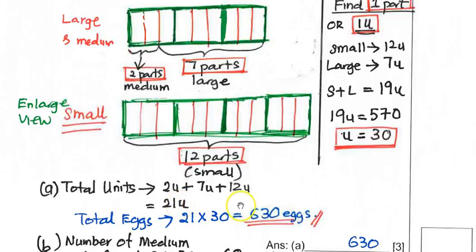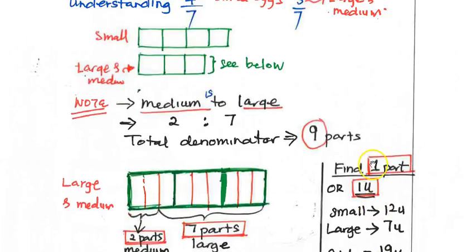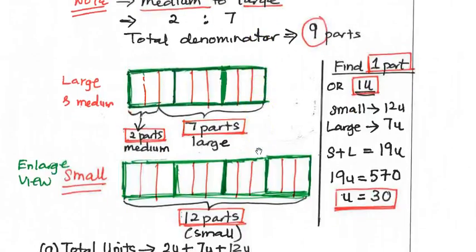Okay, now let's take a look. Is there any number given? Look at this part over here. I'm going to find out where 570 is. There are 570 small and large eggs. Look here very carefully.